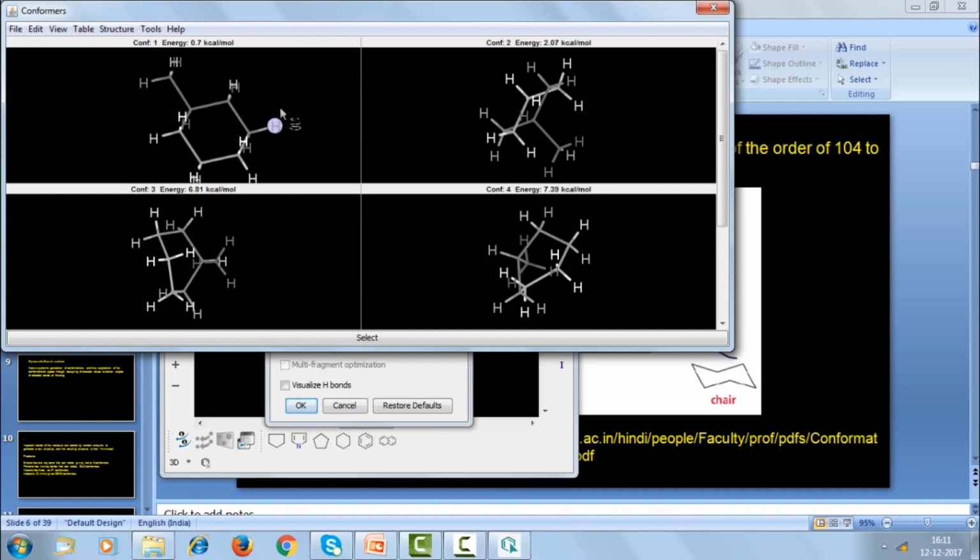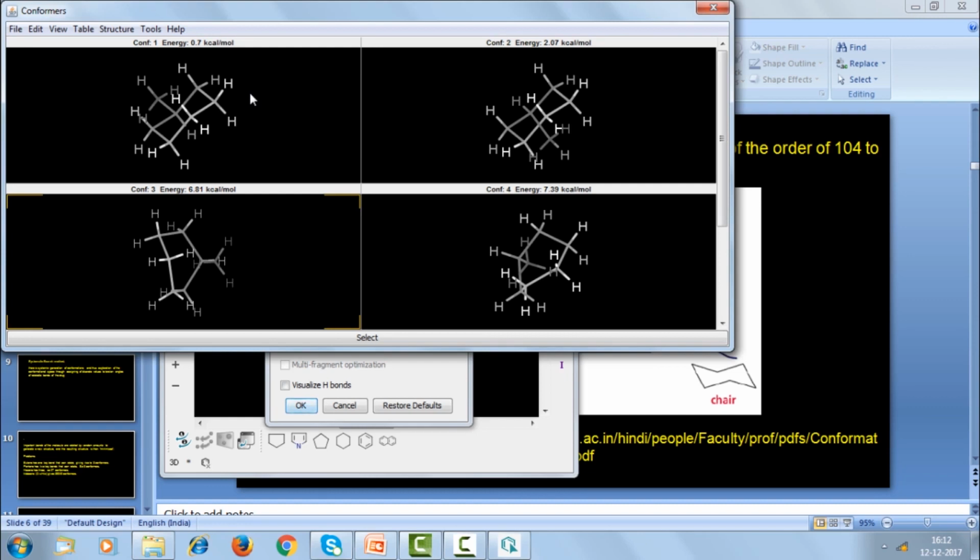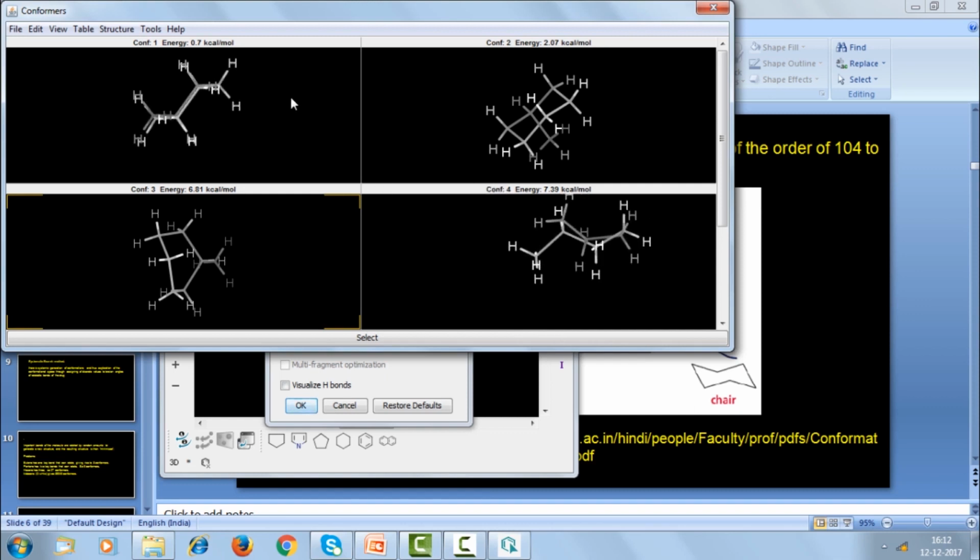Okay, this gives you the lowest energy, which is 0.7 kilocalories, and this particular gives you quite a high energy, 8.3 kilocalories. Okay, so as you can see the distortion here is much higher, whereas here you can see it nicely sits in.